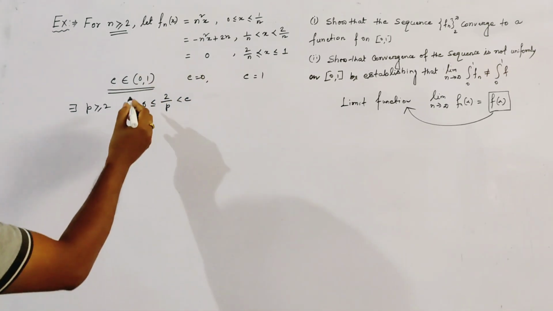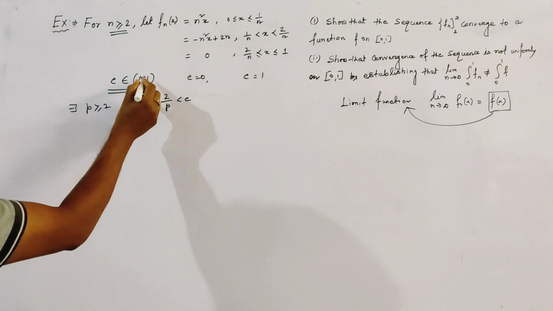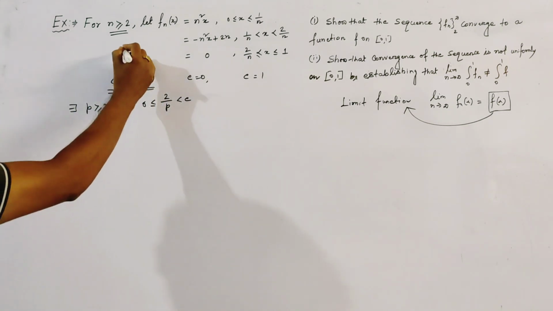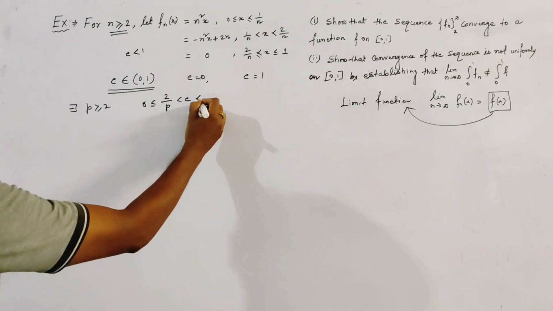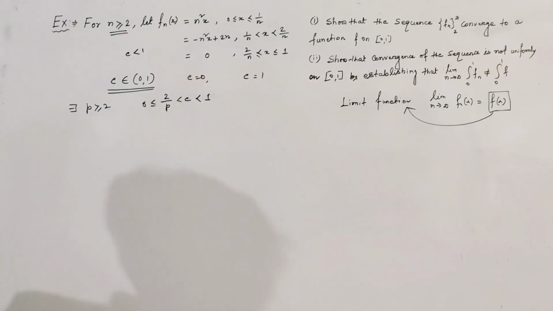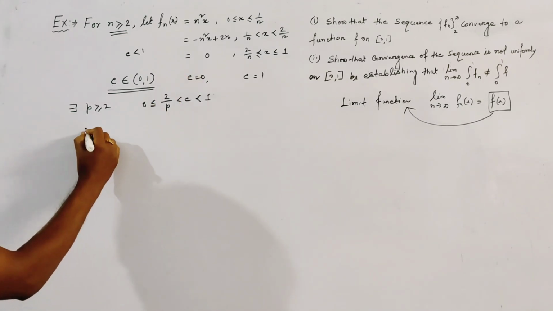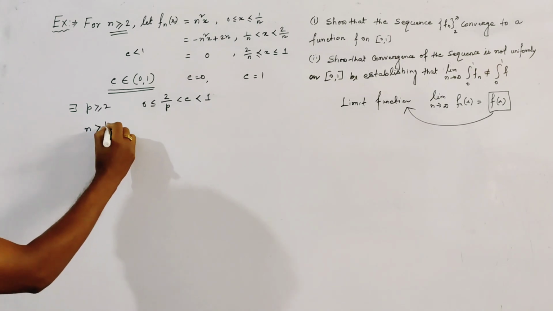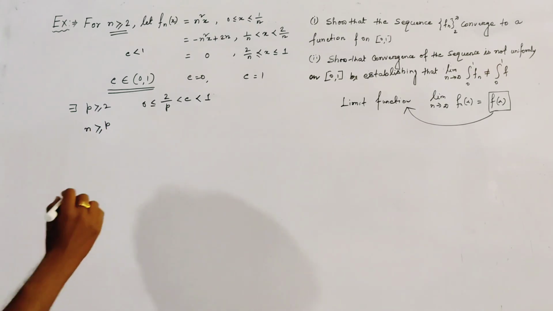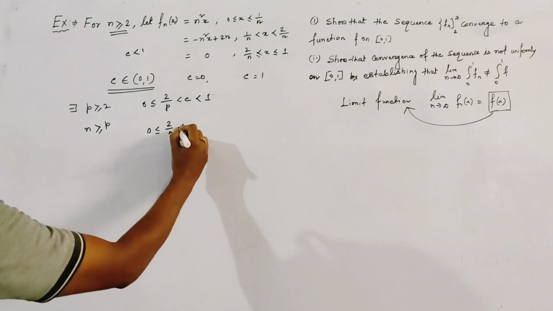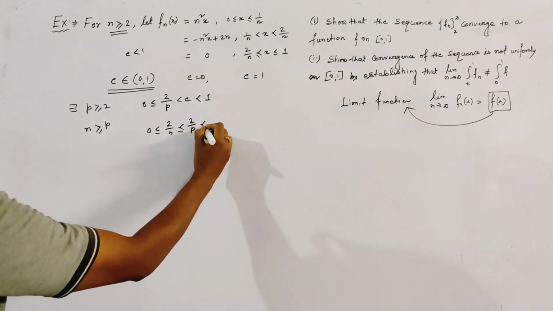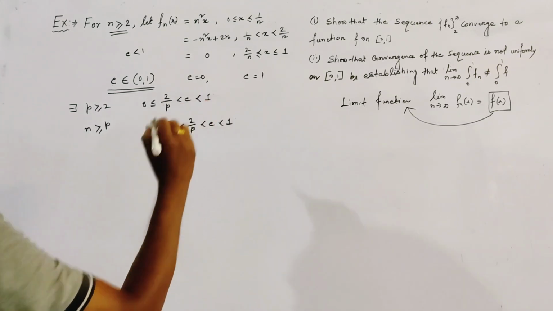Also c lies between 0 and 1, so always c is less than 1. Now if n is greater than or equal to p, then we can write 0 less than or equal to 2 by n less than or equal to 2 by p less than c less than 1.